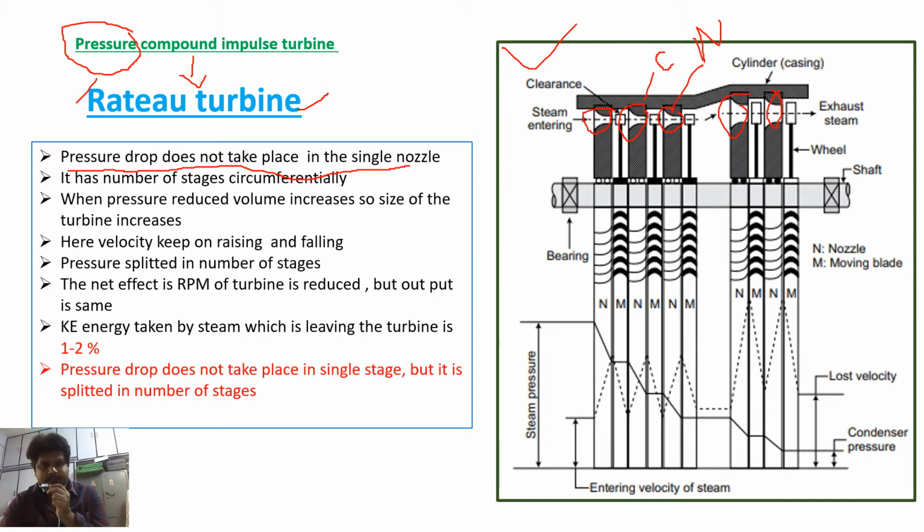Moreover, it has a series of blades. Here blades are fixed circumferentially as well as along the axis of the shaft. This is the shaft. Here blades are fixed to the shaft.